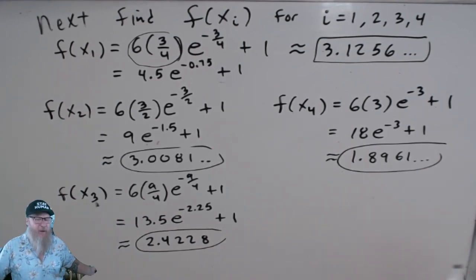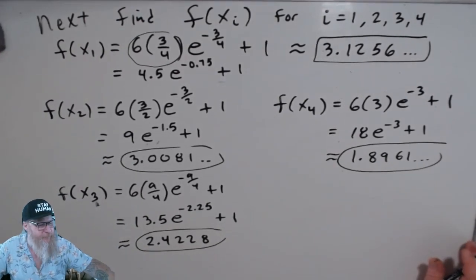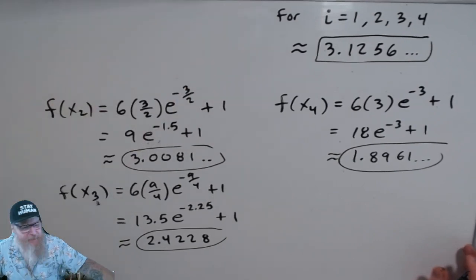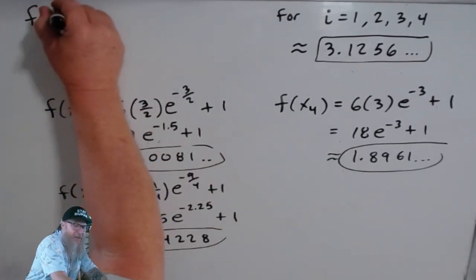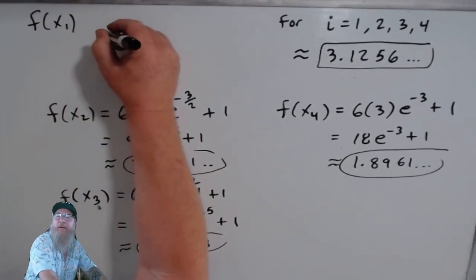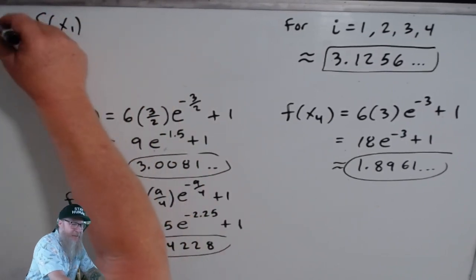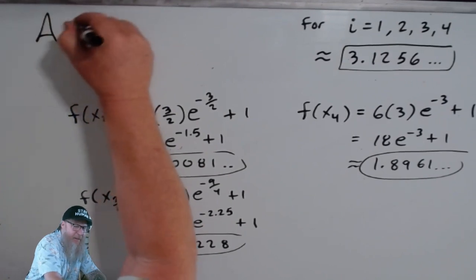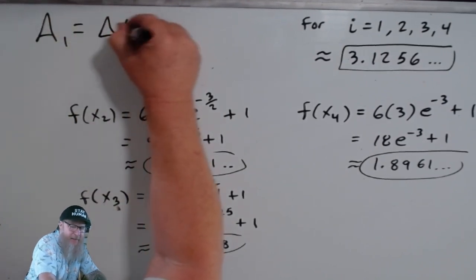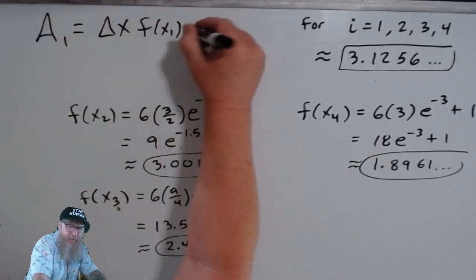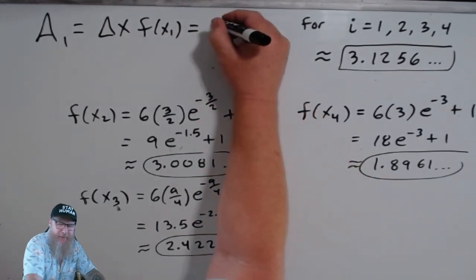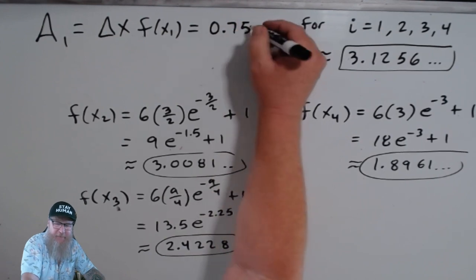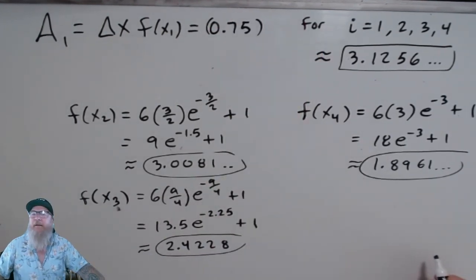All right, so let's write all these down now. We already have them written down, but let's write them down nicely. A1 is delta x times f of x1, which is 3/4, which is 0.75, times the f value.